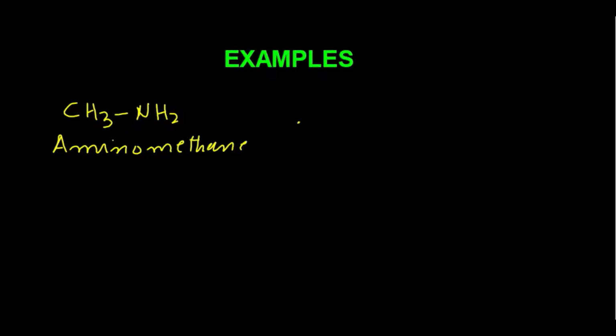Right, students? Let's see one more example. If we have CH3, CH2, CH, NH2, CH3. Now students, this is the longest continuous chain of carbon atoms.